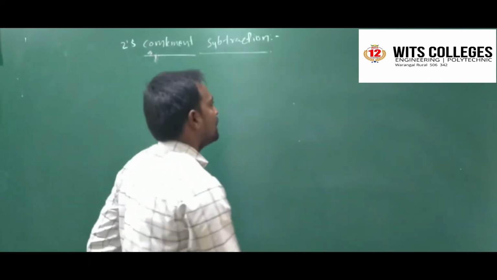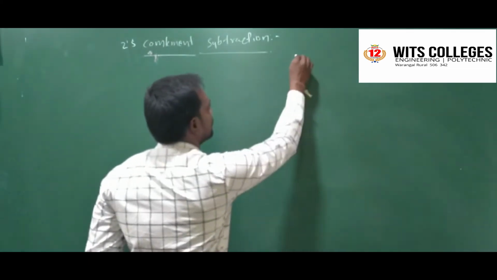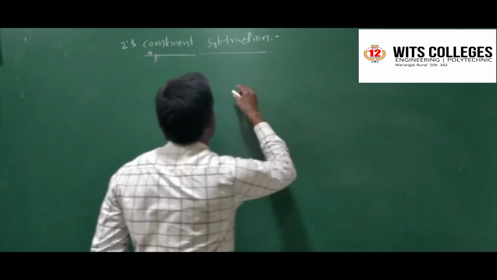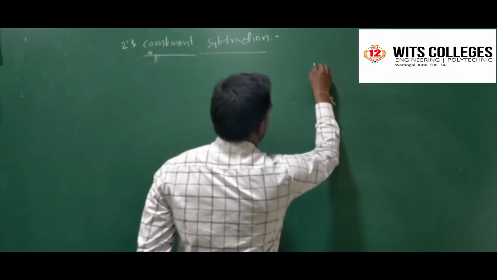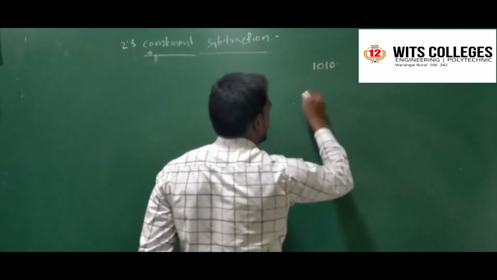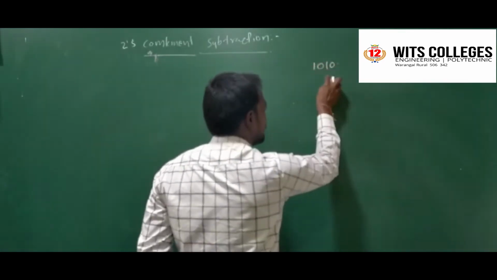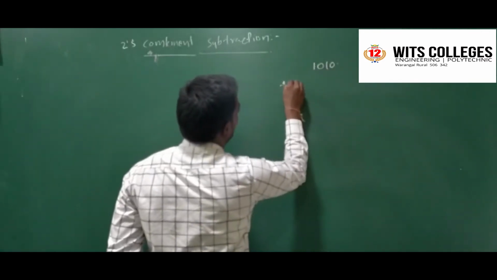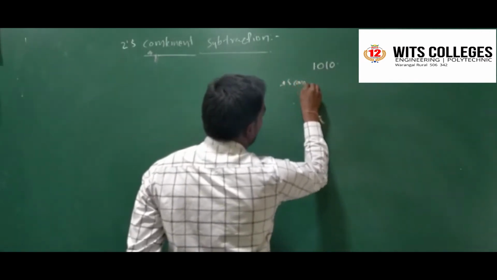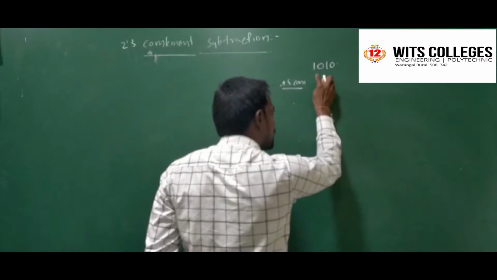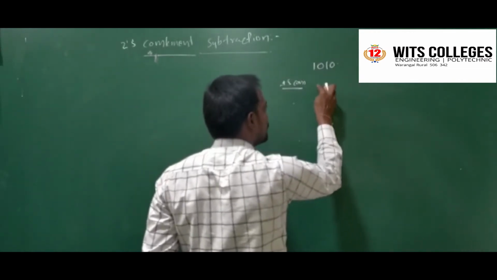Here I am taking the value 1010 for the 2's complement. This is the actual value, and we have to perform the 1's complement, replacing ones with zeros and zeros with ones.